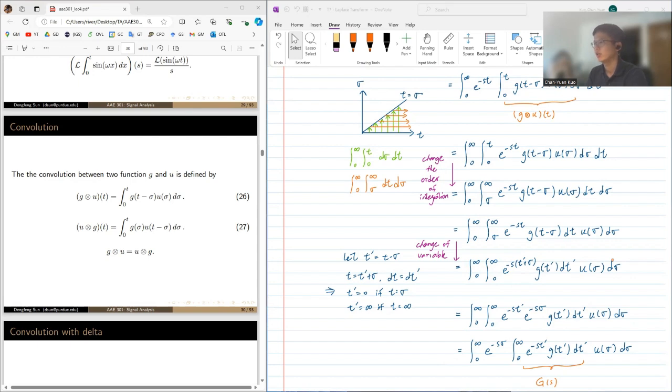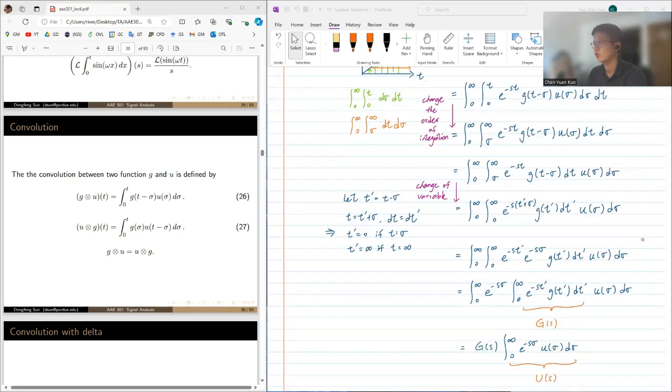So here we will have the integration of e to the negative st times g of t minus sigma times u of sigma, from sigma to infinity with respect to t, and then from 0 to infinity with respect to sigma. And after we change the order of integration, we see that this u of sigma is a constant inside this integral with respect to t. So we can take it out of this integral, and we will get this expression in the end.